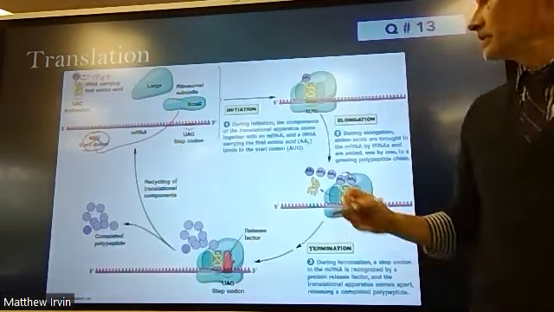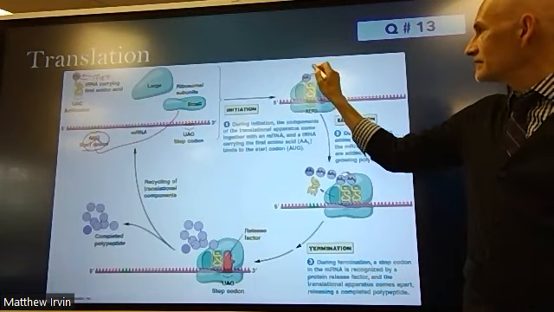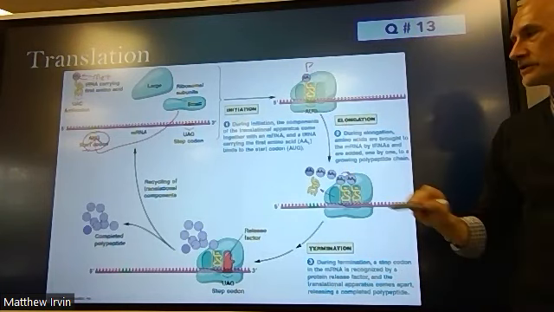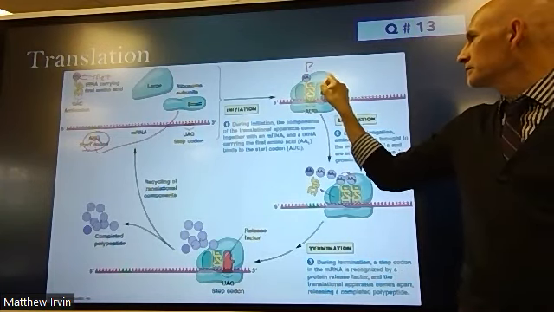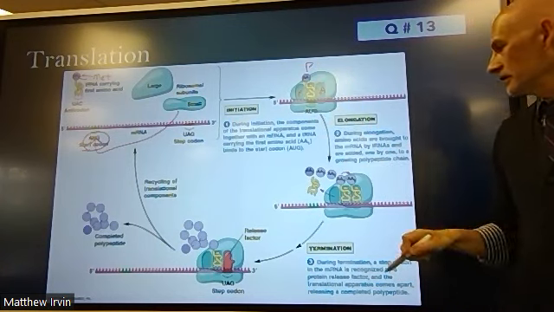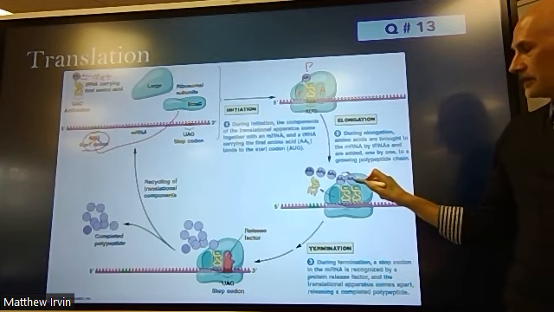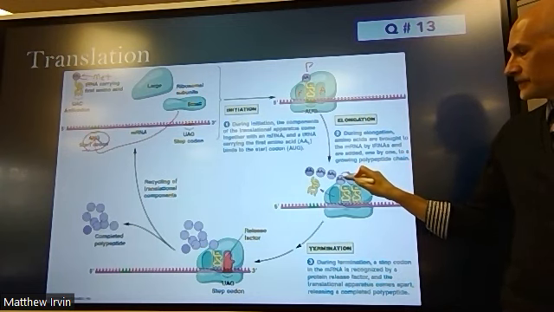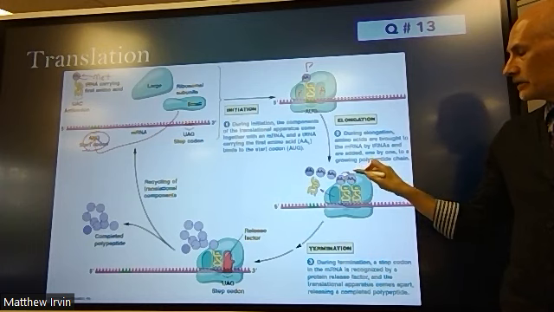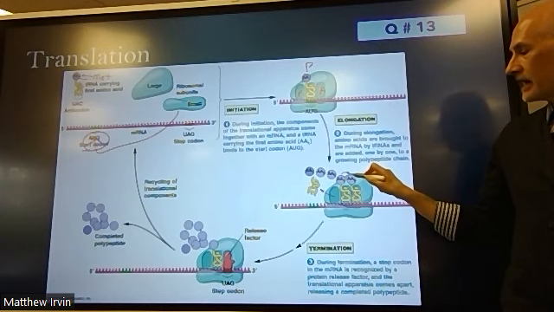The large subunit comes in, so that is in the P site to start. This is our A site, our E site. The next tRNA comes in with the next amino acid. We transfer the growing protein to the top of that.